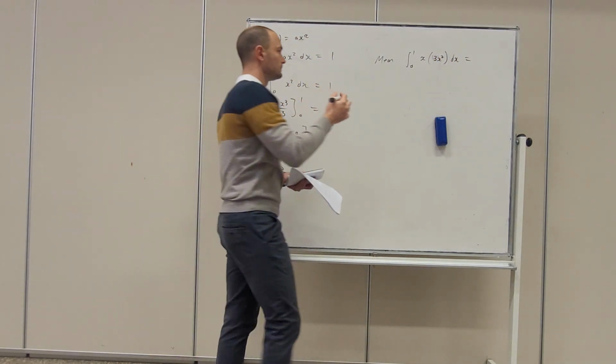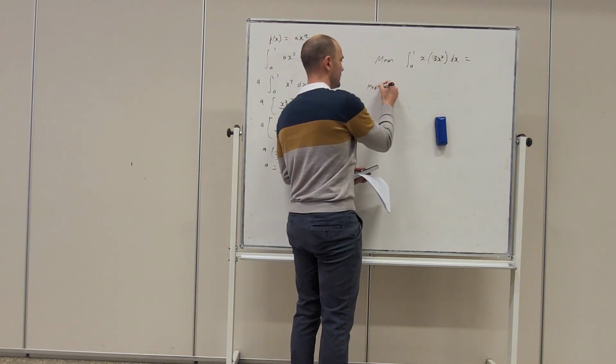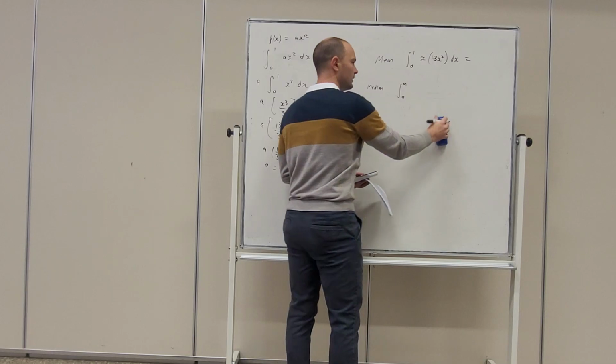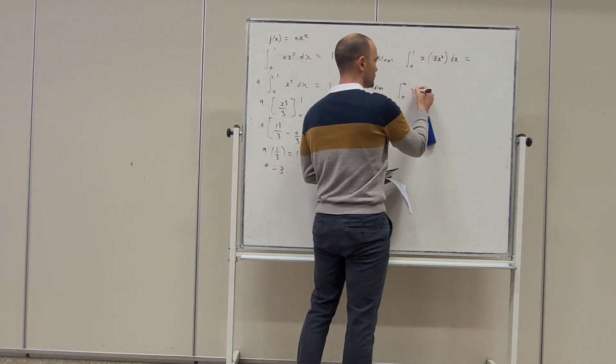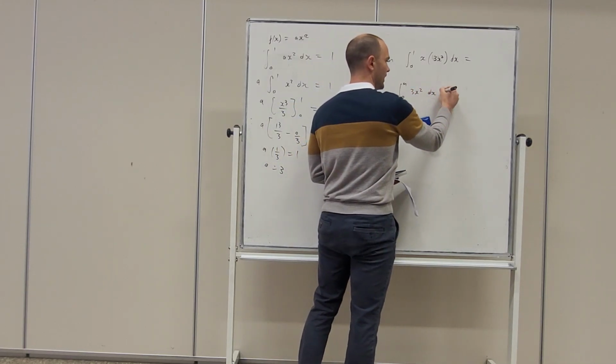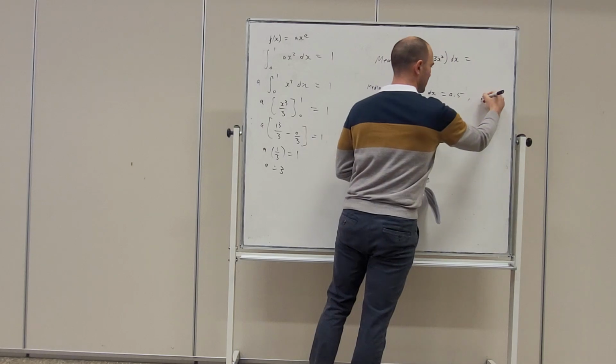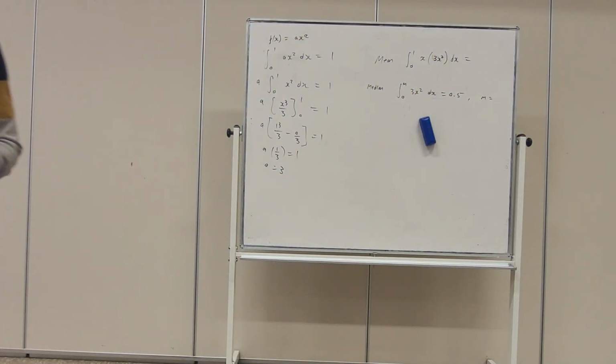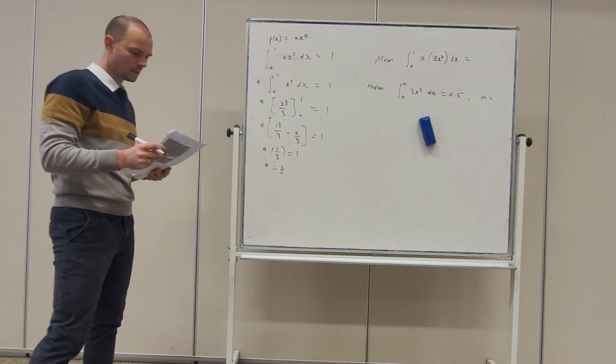Our median is going to be the integral from 0 to m of our function such that the area is 0.5. And this is going to give us a value of m, such that half the area exists to the right and half the area exists to the left.